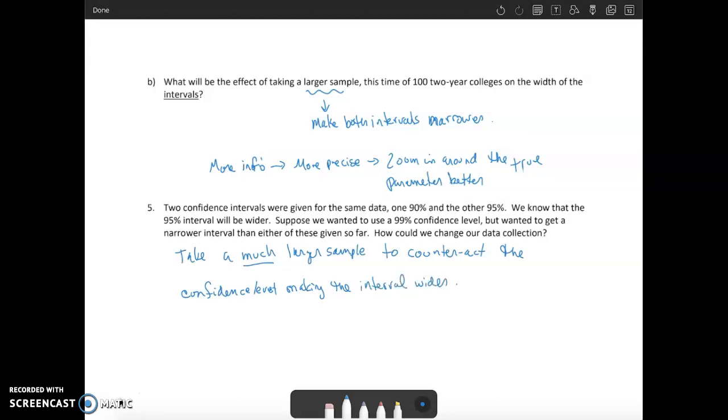So those two things kind of work against each other, and when you're actually the data collector, you really have to work those two things against each other to create confidence intervals that you desire, to give you the most information that you can at the highest confidence level before, again, making it so that it's not really helpful because it's too wide.